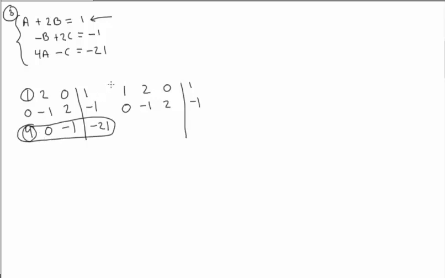So I'm going to multiply my top row by -4, add it to the third row. -8. Times -4, add it. Okay. Done.